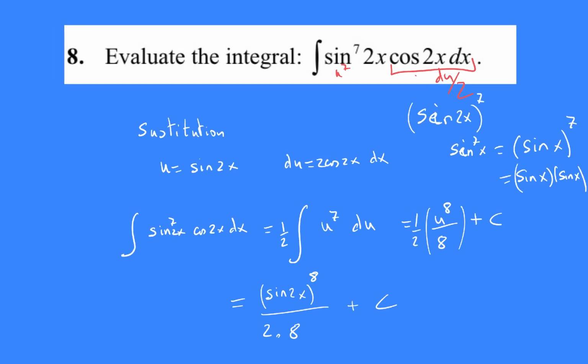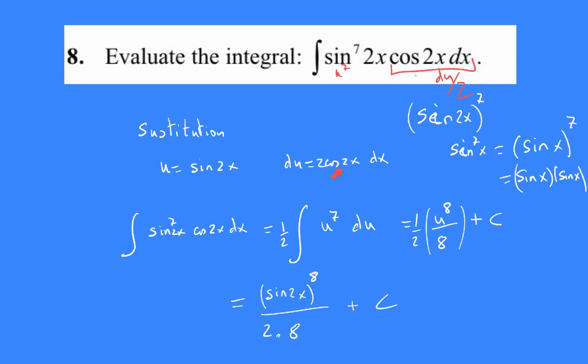To solve this integral, we don't use integration by parts, we use substitution. We name u equals sine of 2x. Why do we name u equals sine of 2x? Because the derivative of sine of 2x is sitting down here, cosine of 2x. So the derivative of u with respect to x is 2 cosine of 2x.